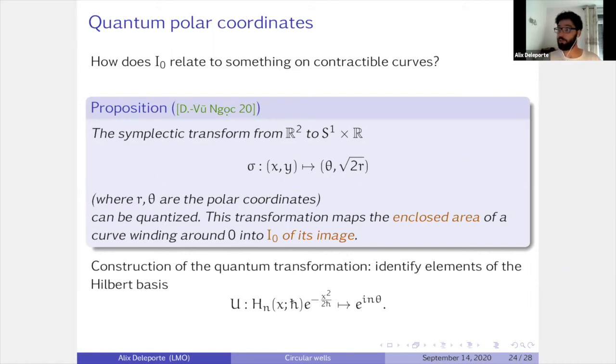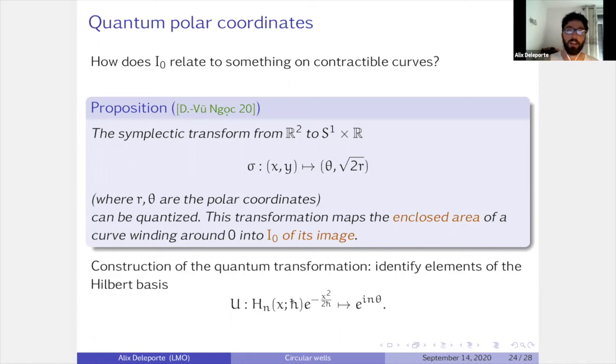Since symplectic transformations preserve the area, this is another invariant for curves. So for curves which are contractible, we have one invariant, and for curves which wind once, we have one invariant. And the question is, how do they relate to one another?